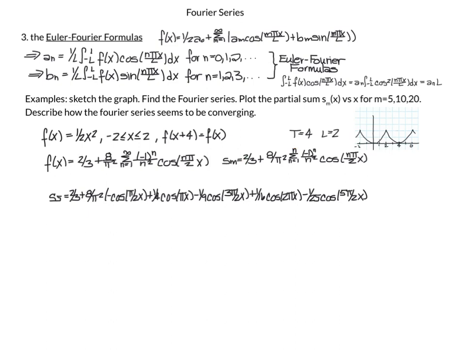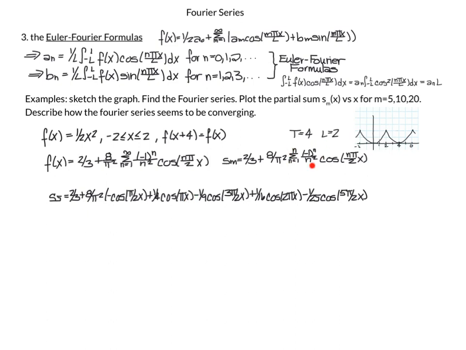So we have our 2/3, and then when we plug in 1 for n, we get 8 over pi squared times, plugging in 1, this becomes -1 over 1, so that's a minus, cosine of pi over 2 x, plus plugging in n equals 2, so now we have a positive 1 over 4, so that's our 1/4, times plugging in 2 for n, I get cosine of pi x.